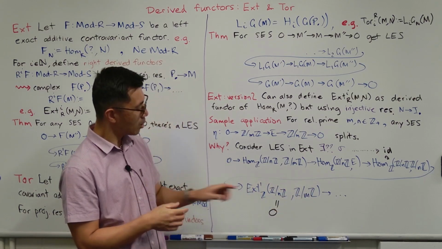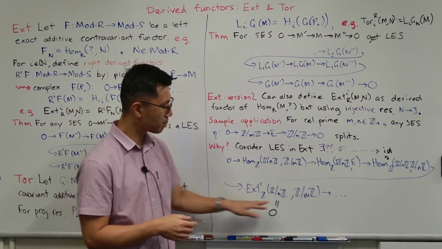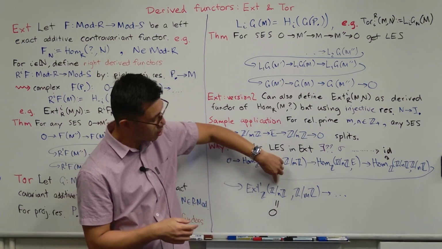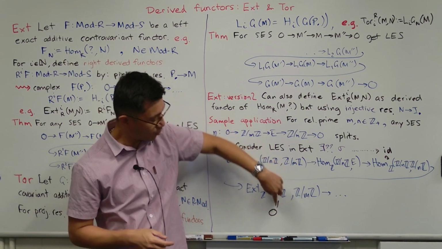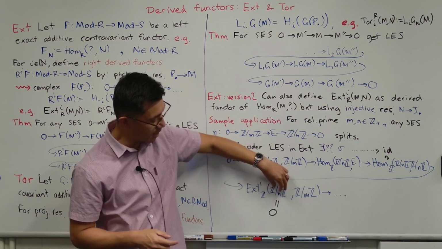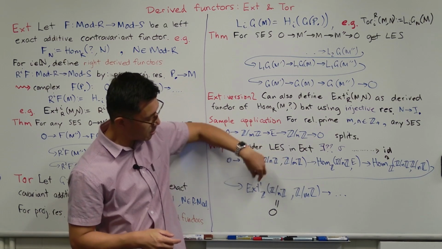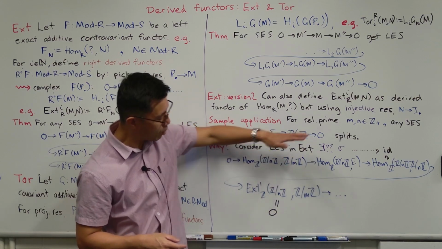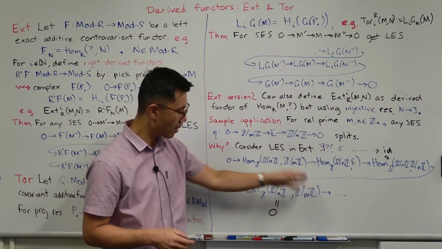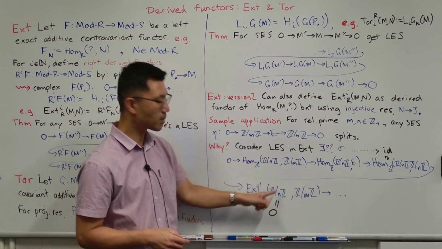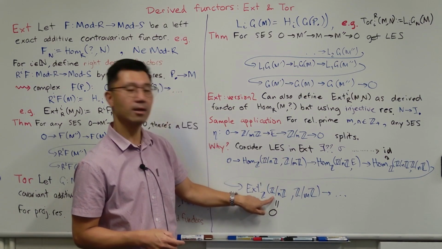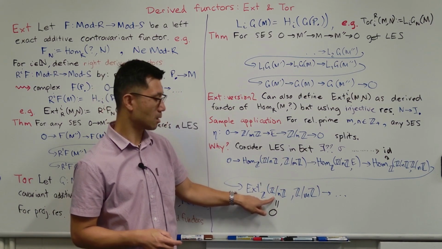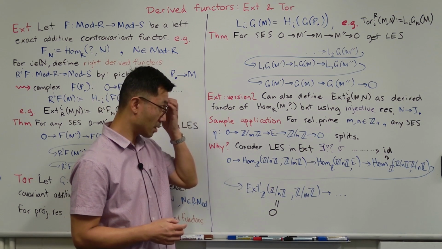Well, to multiply by n in this abelian group, what I do is I just multiply by n in, say, for example, here. That's going to be a morphism here. And since this is a functor in this variable, multiplication by n, that map here gives you a map on the x. So it gives you an endomorphism of this. But what is multiplication by n here? That's going to be 0. So multiplication by n is 0.